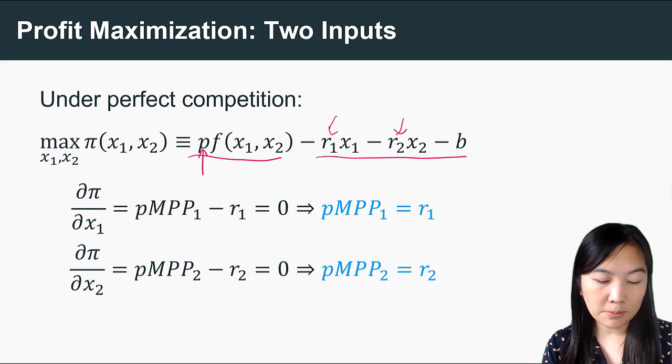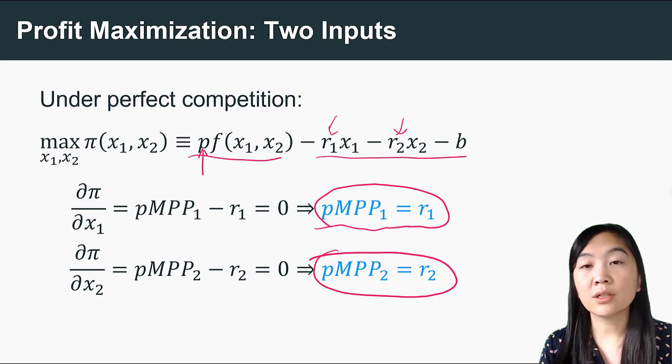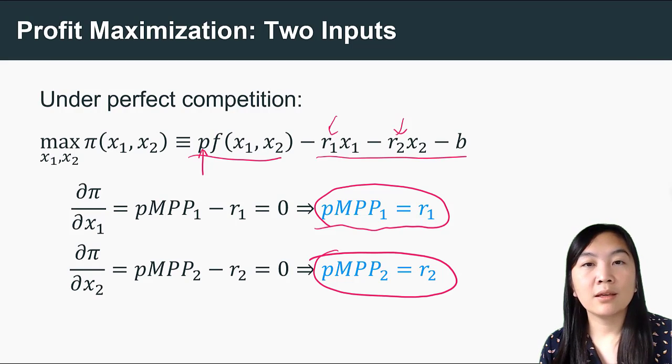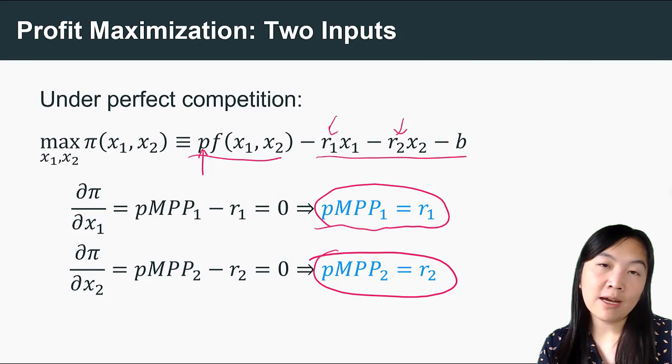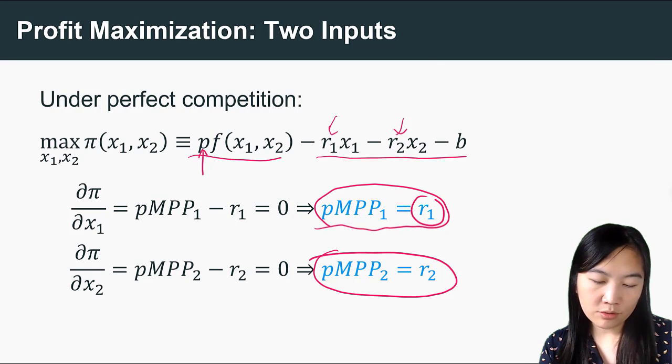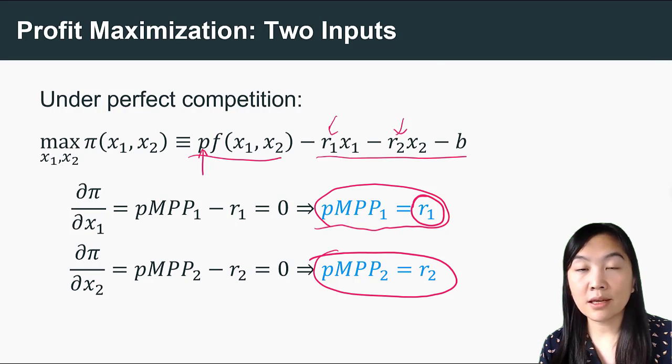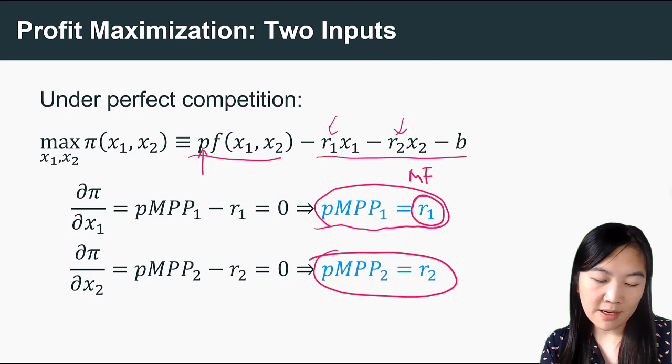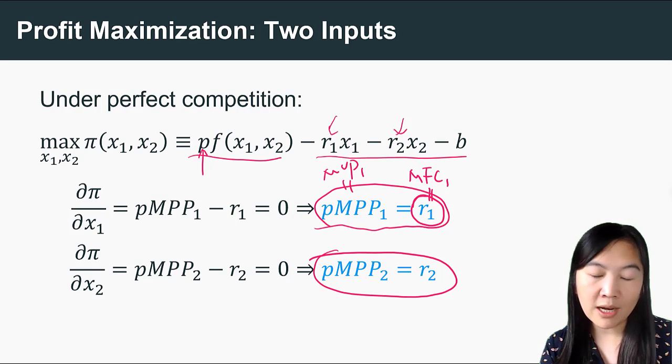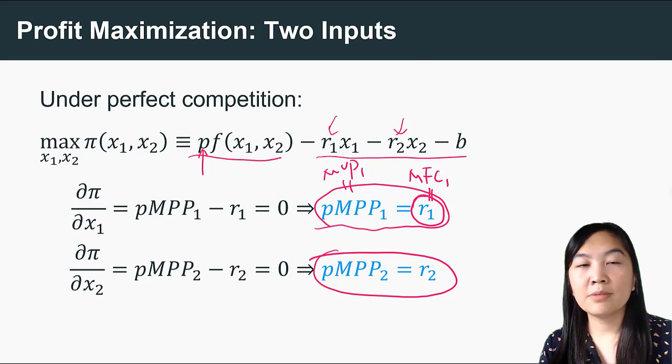Then the optimality condition translates into these two conditions. The first one is P times MPP1, which is the MVP1 from the previous slide, and that equals R1. R1 is the input price for x1, and that's MFC1. So under perfect competition, MFC1 just equals R1, and MVP1 equals P times MPP1.